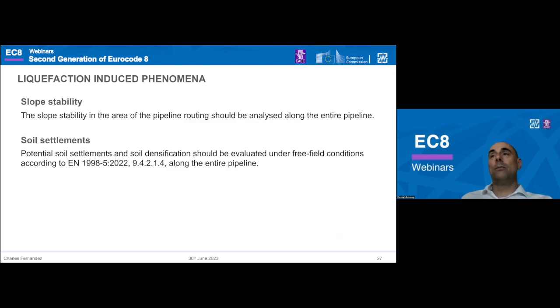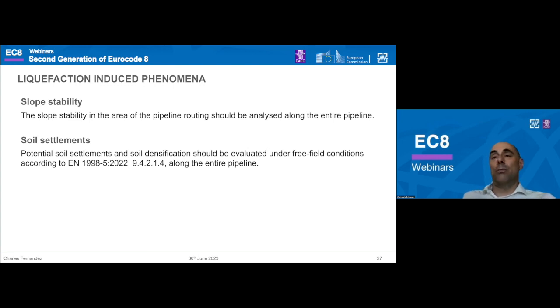Furthermore, we have to cover the slope stability, and the slope stability should be investigated along the pipeline. So slope stability can be a problem or cannot be a problem. Usually the slope stability should be verified along the pipeline, not because of the pipeline, because slope stability should be verified always. But probably it is not done for seismic actions along the pipeline.